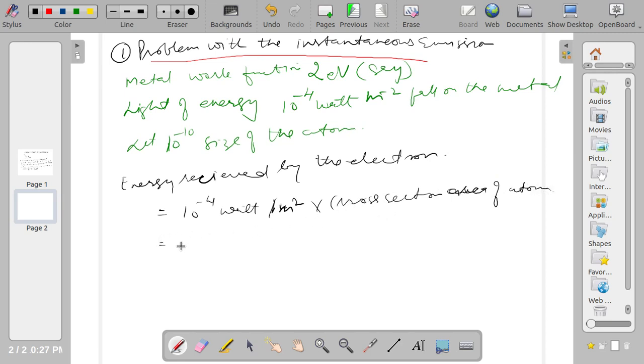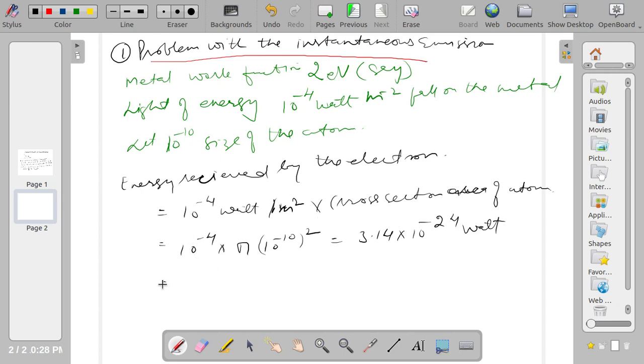That means it is 10 raised to power minus 4 into pi r square, where r is the size of the atom. So it will be 3.14 into 10 raised to power minus 24 watt.